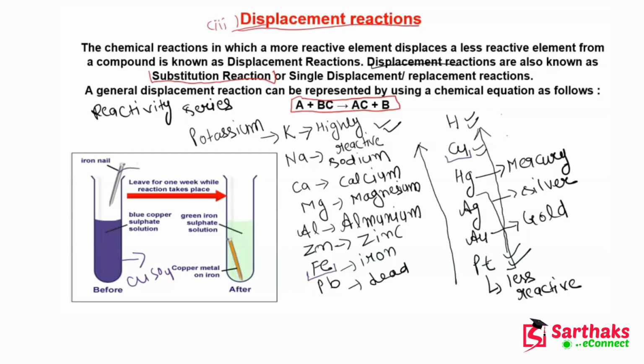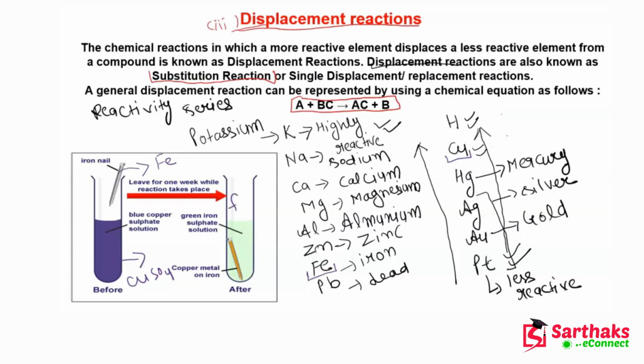This is iron nail, meaning Fe. We know that this Fe or iron is more reactive than copper. So it will displace copper, and because it displaces copper, the color of this solution will become green.